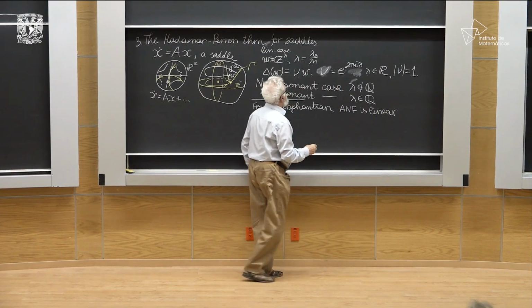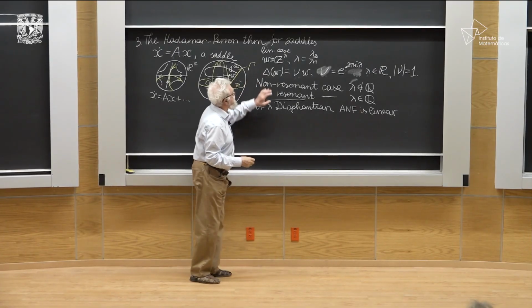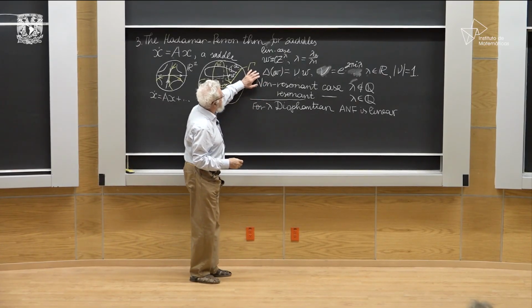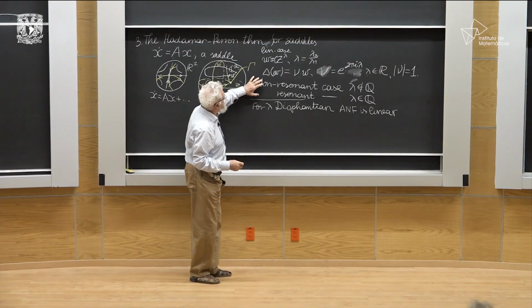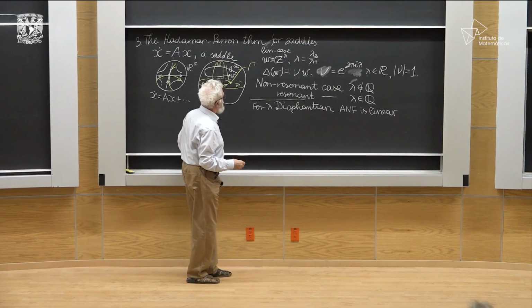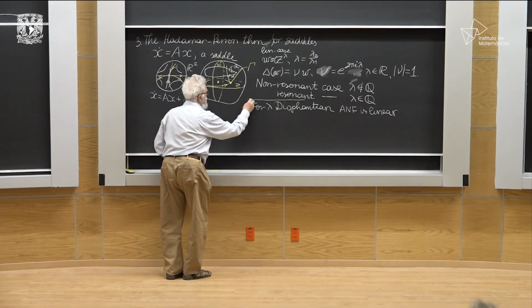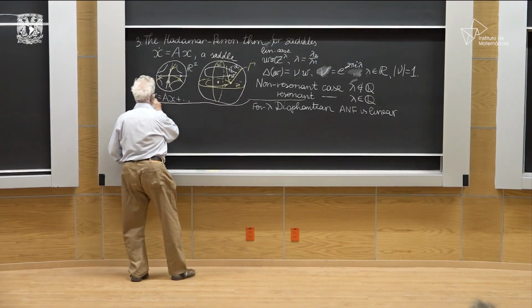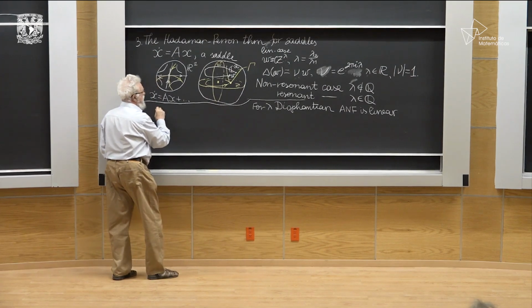Now, analytic normal form of the germ delta. Let me, I am a little bit too fast. Let me say a few words that I have skipped.